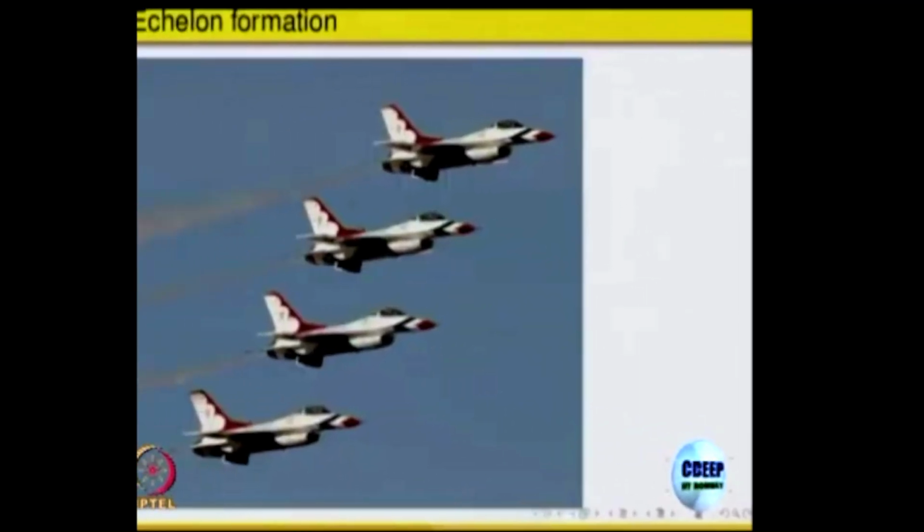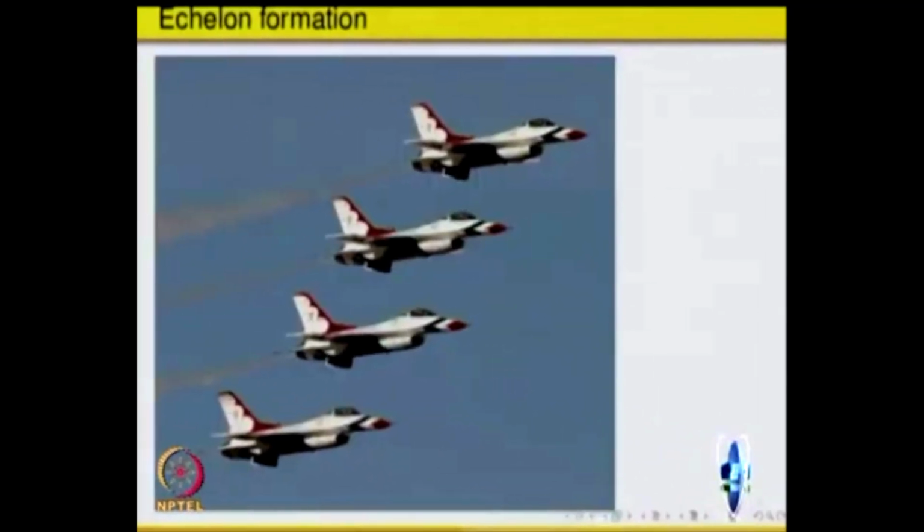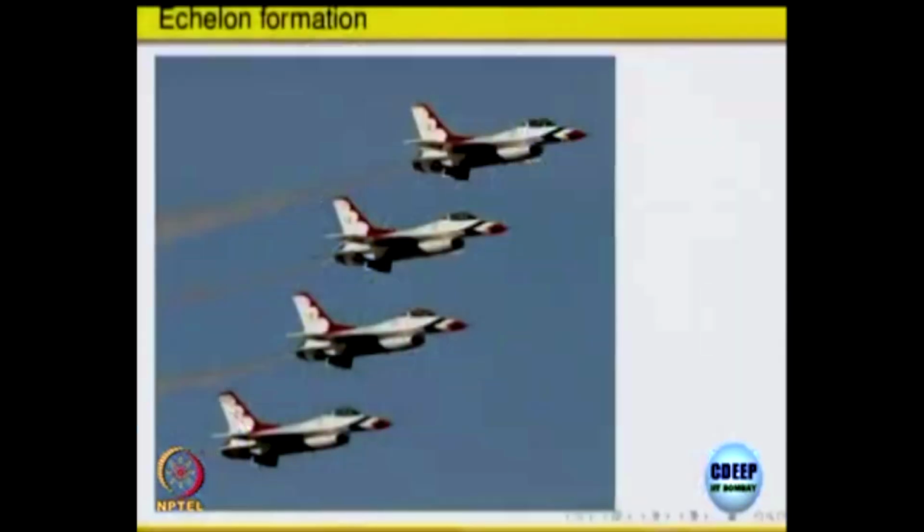Okay. Why does the word echelon come? If you look at the English dictionary, what is echelon? So go back and look at the English dictionary. What does the word echelon mean? From where does this word suddenly drop into mathematics? Echelon means a particular arrangement, formation of something. For example, when planes fly, they fly in a particular form. It is called the echelon form of the planes.